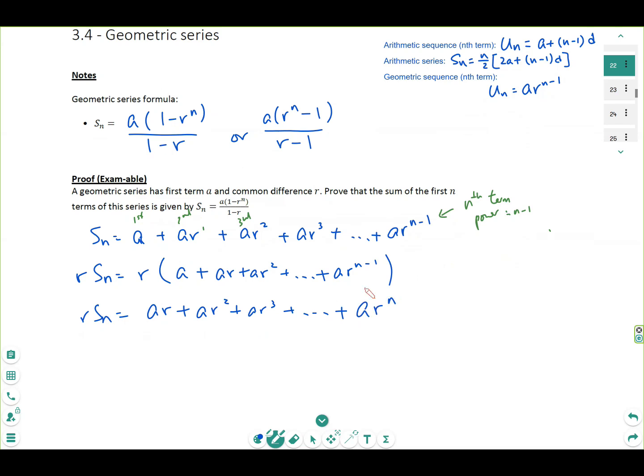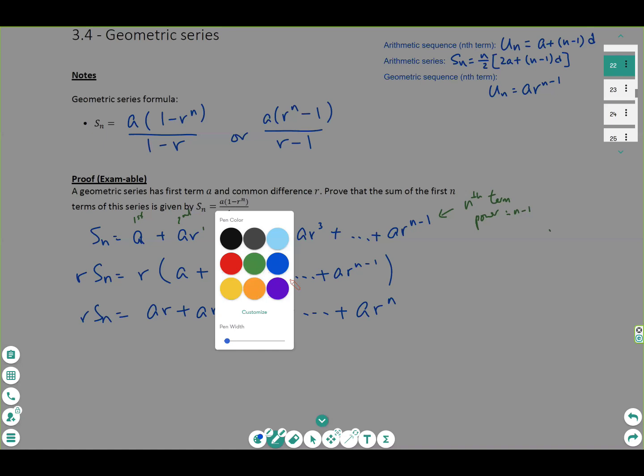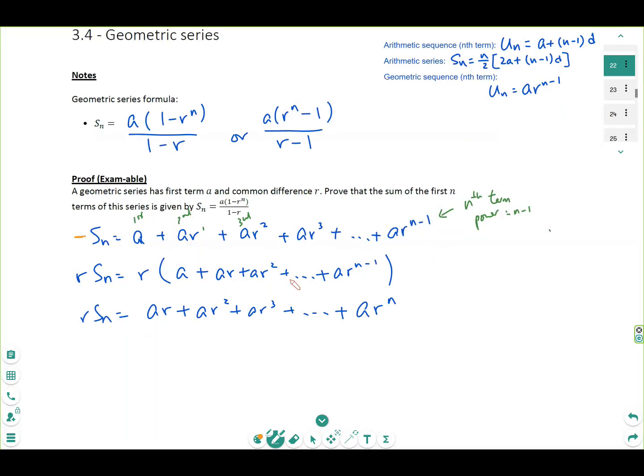Next, we are going to take the equation for Sn minus the equation for r Sn. So we're going to do Sn minus r Sn. I'll color code it for you.